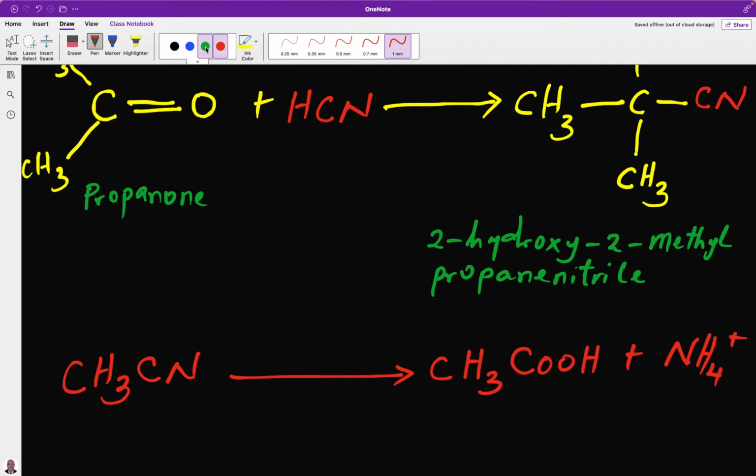The condition we will have, this is an acid hydrolysis.